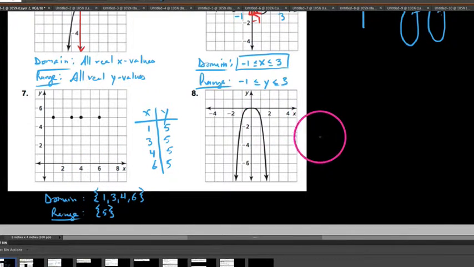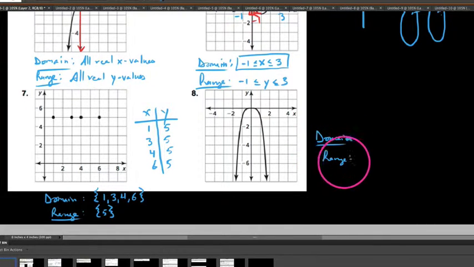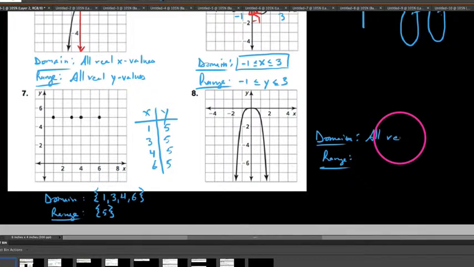And then lastly, number 8 here. What do you think about our domain and range here? What are the x values for which our function is defined? I suppose this is kind of like our first one. Because of the arrows, I can see it goes down forever and ever, but it's also going to the left and to the right as we curve off. So even though it gets steeper and steeper, it looks like it's going to cross all x values. We say all real x values are in the domain.